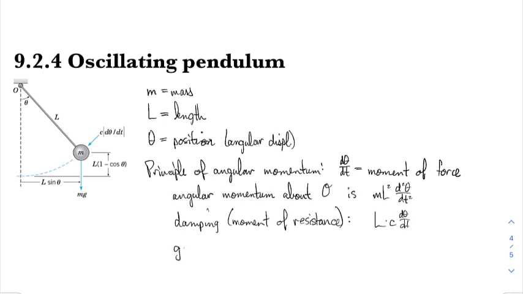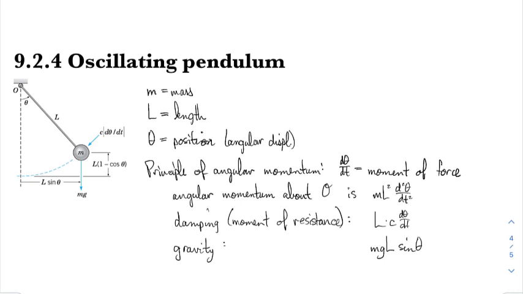And then there's also the component due to gravity. And so gravity is going to be mgl sine theta. So that's the horizontal component pushing this way due to gravity.